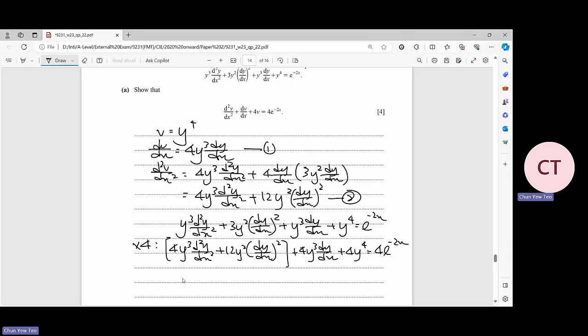So with the help of 1 and 2, we will have d square v dx squared plus dv dx plus 4v equals 4e power negative 2x. Shown. Done for this part A.